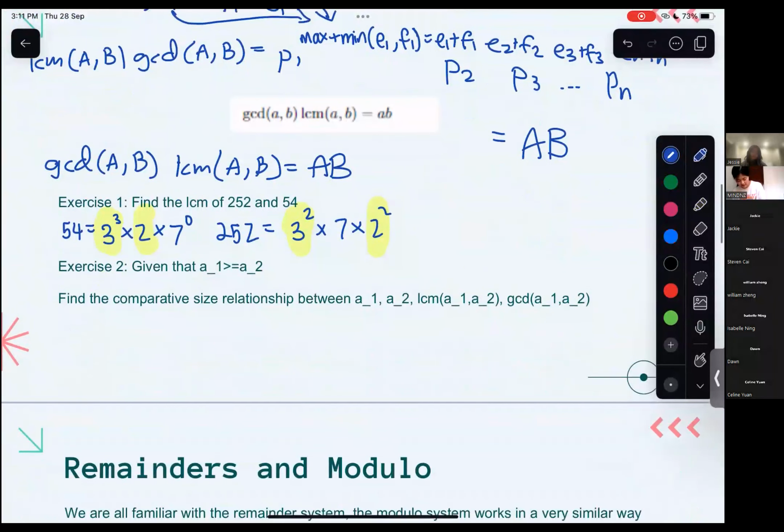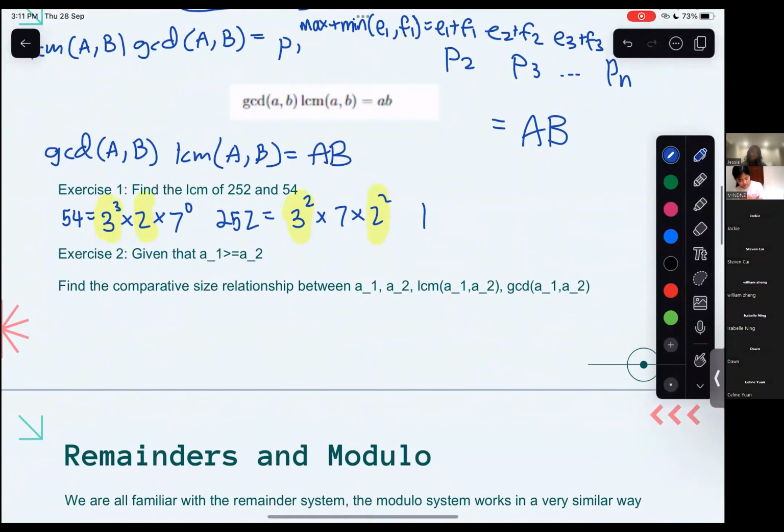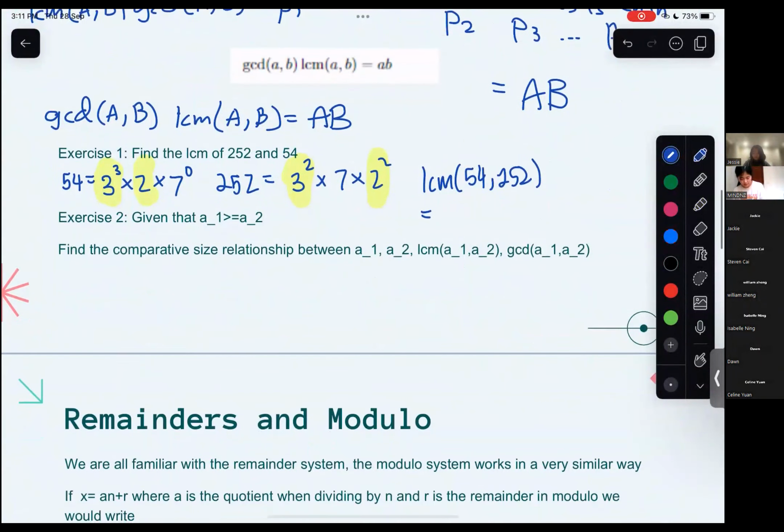Then we can say LCM of A and B equals. Let's consider the 3 first. There's 3 primes you need to consider, because these are the only primes that appear in our 2 numbers, right? So 3 appears here 3 times, here 2 times. We pick the maximum of that, so that's 3.